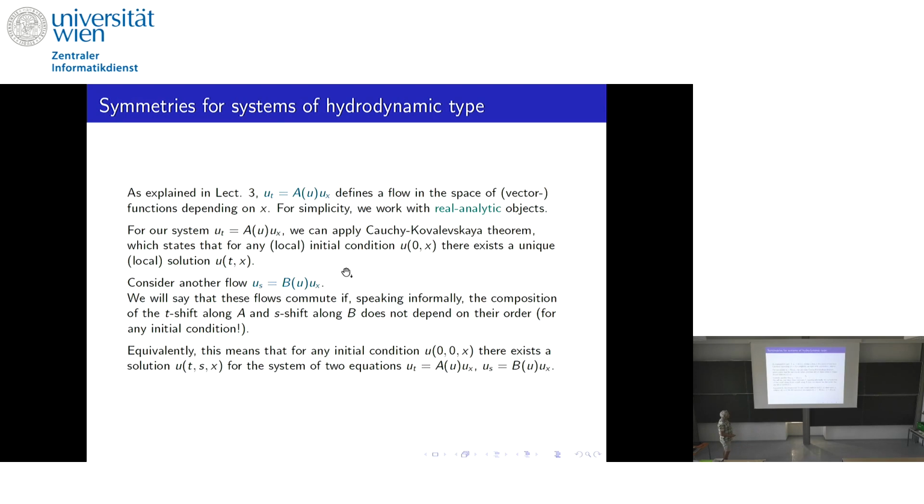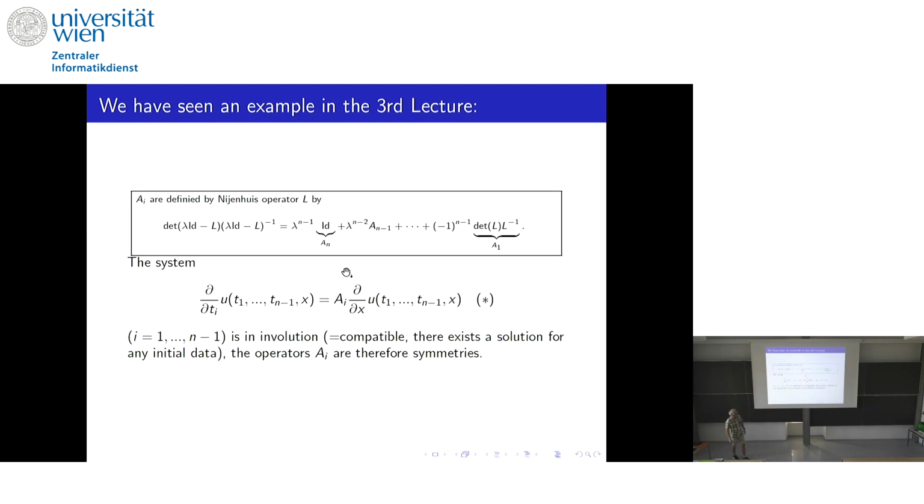Then there exists a solution of both systems simultaneously, such that t is the variable of the first solution and s is the variable of the second solution. So it doesn't matter if we go this way and then that way, or first that way and then this way. One way is s, another is t, and we get to the same curve.